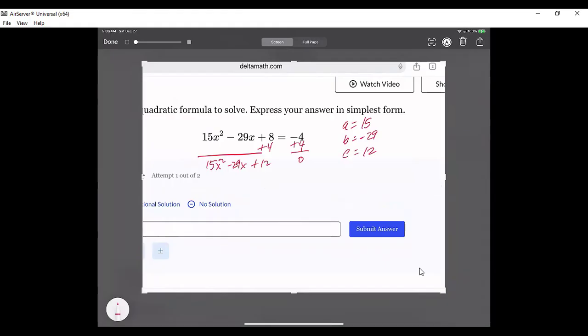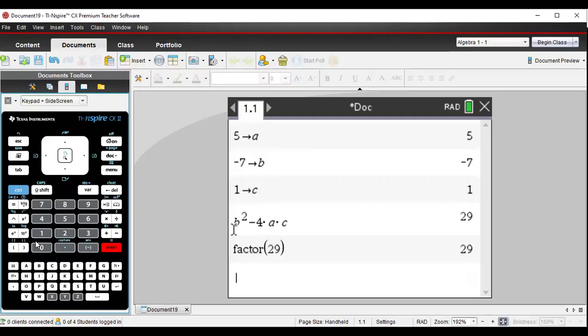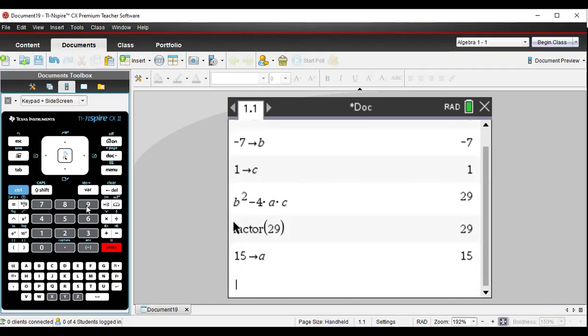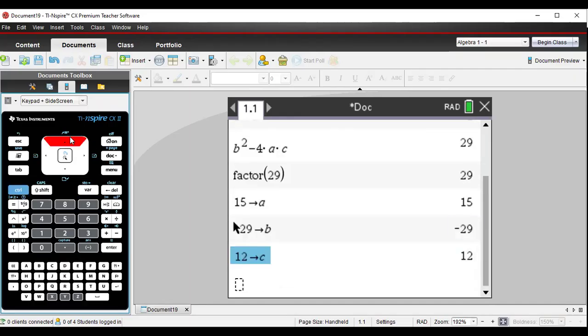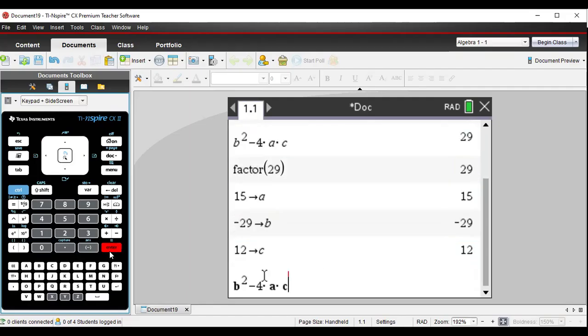So all I'm going to do from here is grab the calculator. I'm going to store those numbers. So 15 goes into A, negative 29, I'm going to store that into B, and then 12, I'm going to store that into C. And then I'm just going to go up here and copy b squared minus 4ac.